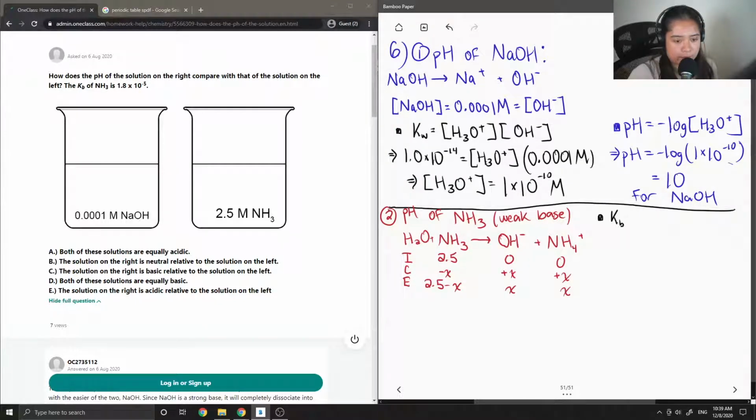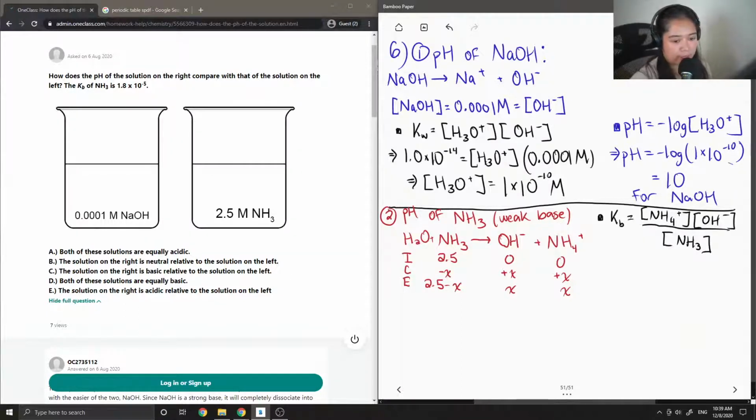So first we can write the Kb expression, which is equal to the concentration of NH4 plus times the concentration of OH minus divided by the concentration of NH3.